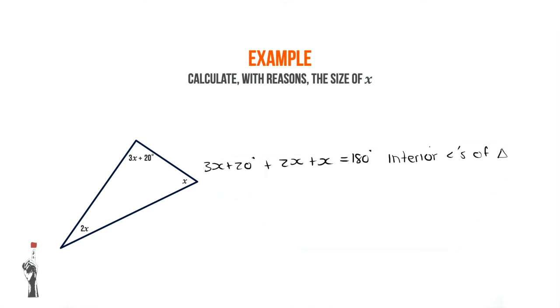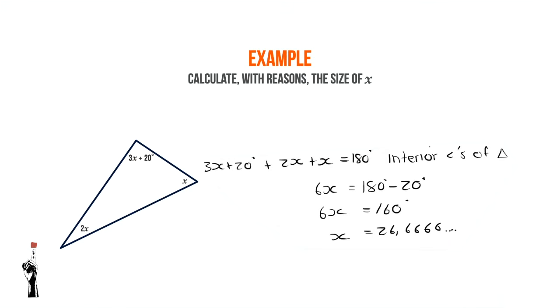So now I need to calculate X. 3x plus 2x is 5x, plus another x is 6x. That gives me 180 and I take the 20 to the other side and that becomes minus 20 degrees. So 6x is equal to 160 degrees. Then you will see that if I say 160 divided by 6, I find my answer as 26.6666 never ending.